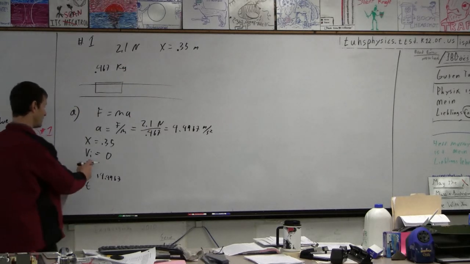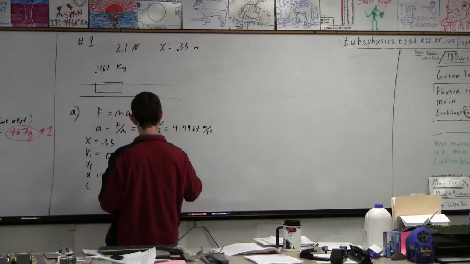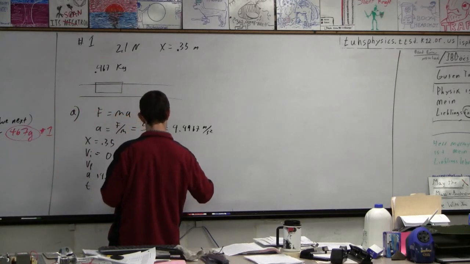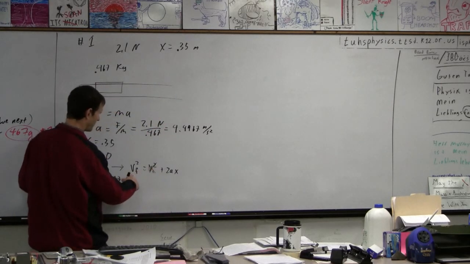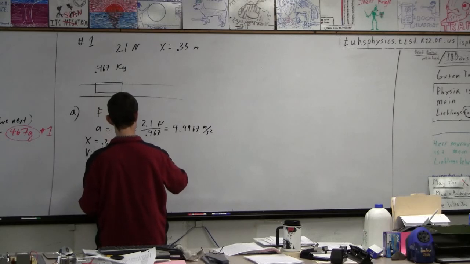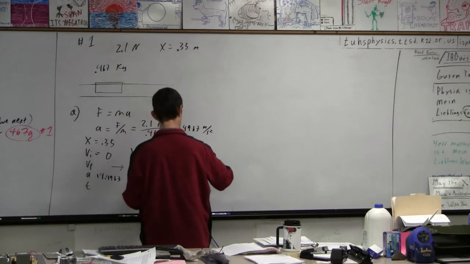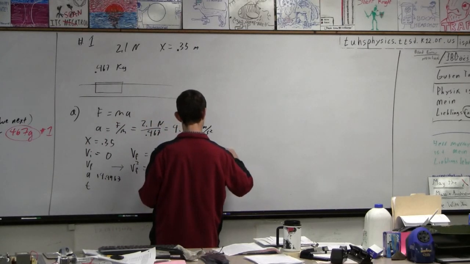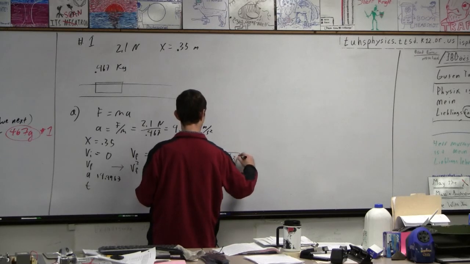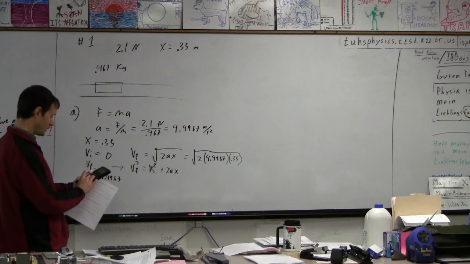And then my formula that I would use is vf squared equals vi squared plus 2ax. Since vi is 0, the final velocity is just going to be the square root of 2ax, right? So it's the square root of 2 times 4.4967 times 0.35.